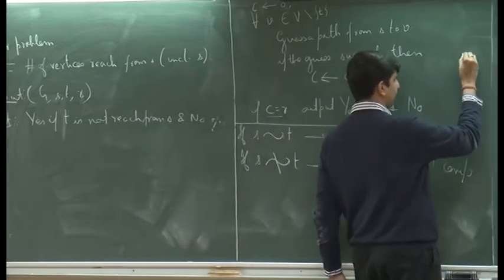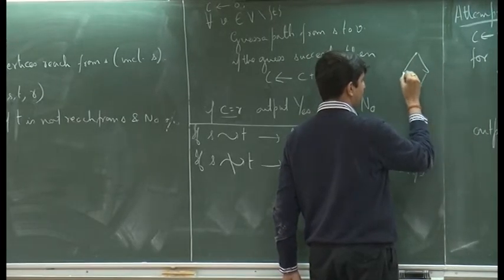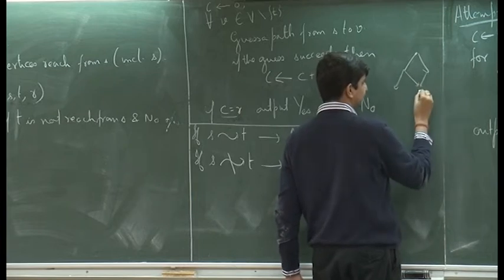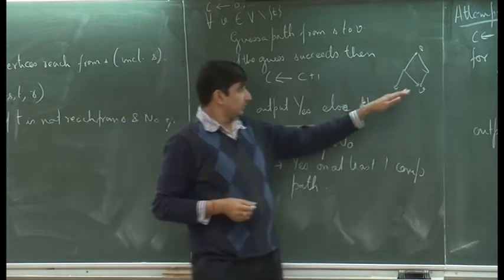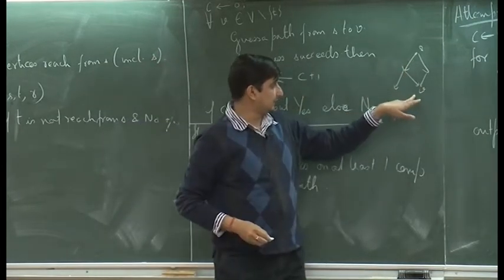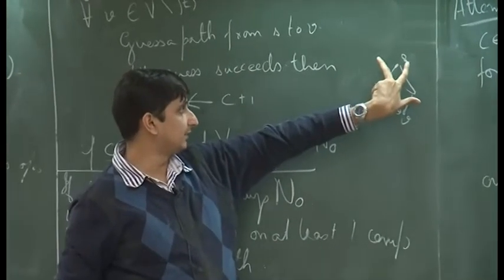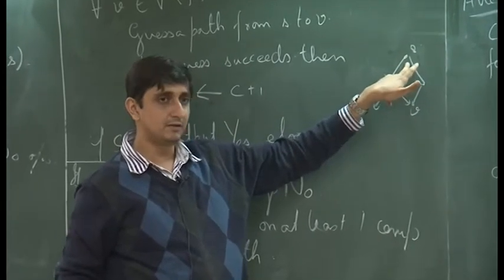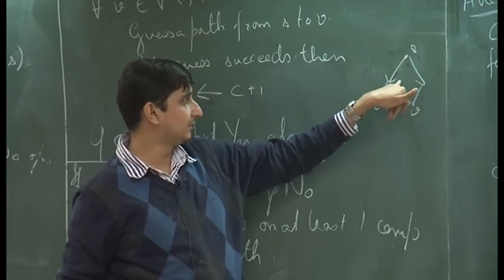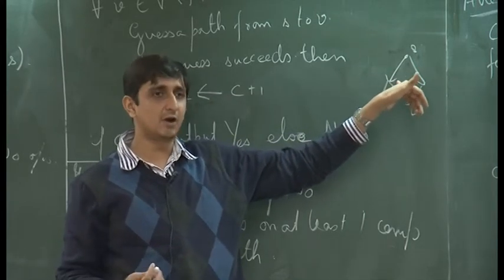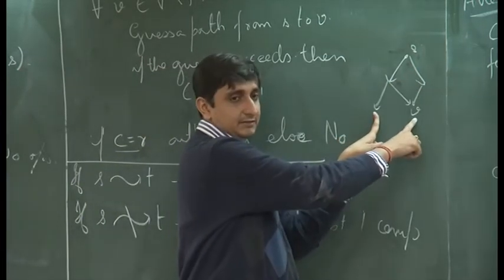Suppose you have a simple graph, and let us say this is my vertex V and this is my vertex S. We know that there is a path from S to V. Let us say when I start guessing whether there is a path from S to V, I start from here. I non-deterministically guess which way I should go. Let us say I am going left, then I reach this vertex, then again I non-deterministically guess which way I should go, and then I can reach either this vertex or this vertex.